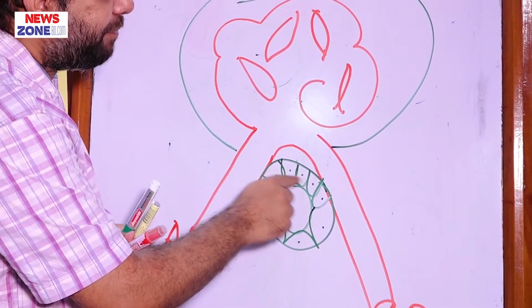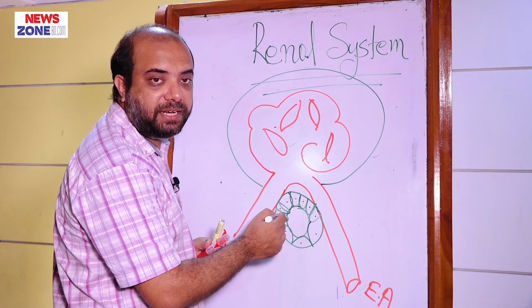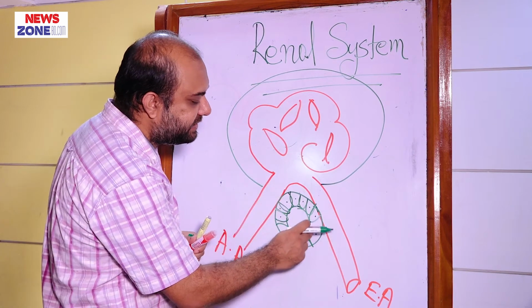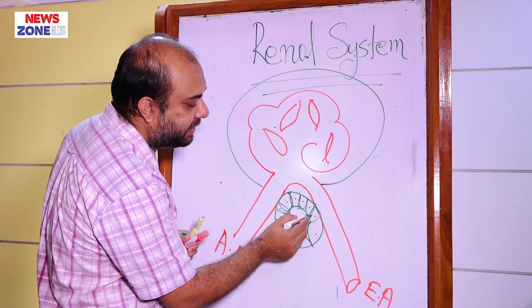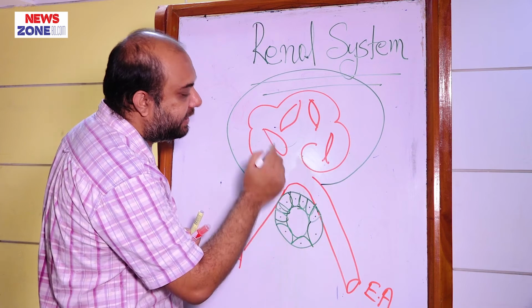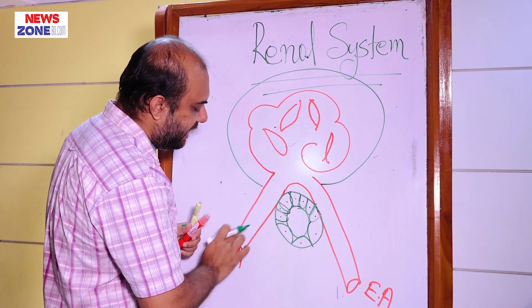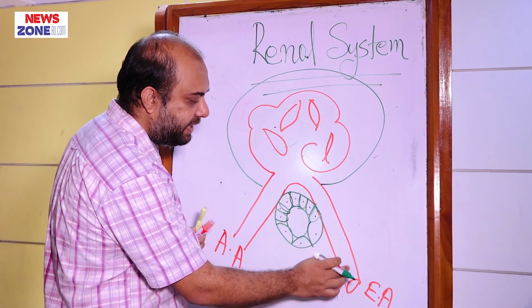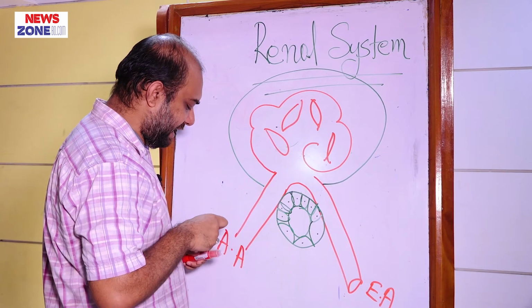These densely packed cells are called macula densa. Look carefully, these cells are not densely packed or tightly packed. These cells are tightly packed or densely packed, and these cells are situated in between the afferent arteriole and efferent arteriole. So these cells are called macula densa.